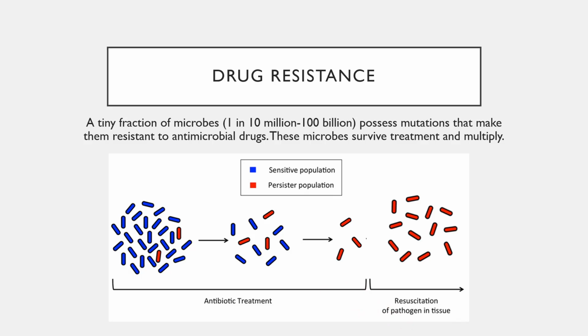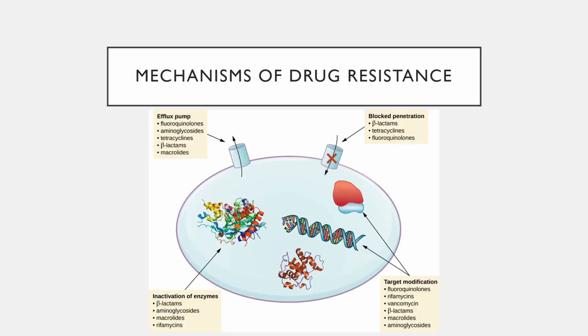Scientists have studied the mechanisms by which microbes may develop resistance to drugs and have found that they fall into a few different categories. So we are going to talk about those categories here. Some microbes have developed mechanisms that prevent their cells from taking up the drug, or they perform something called efflux.